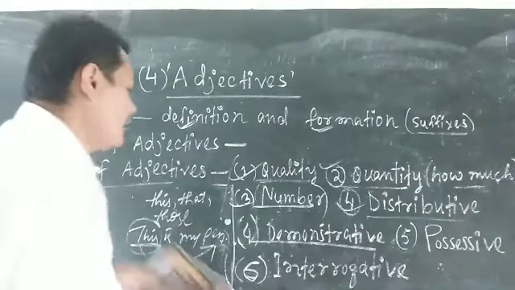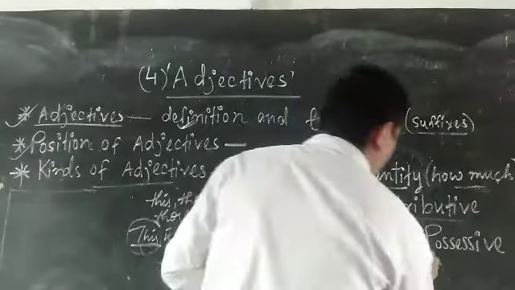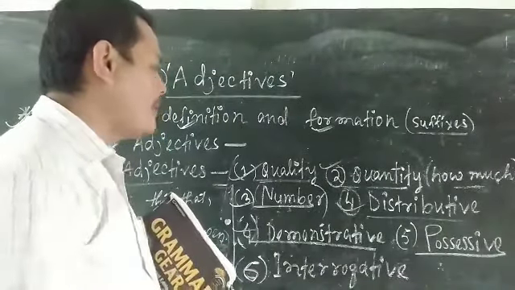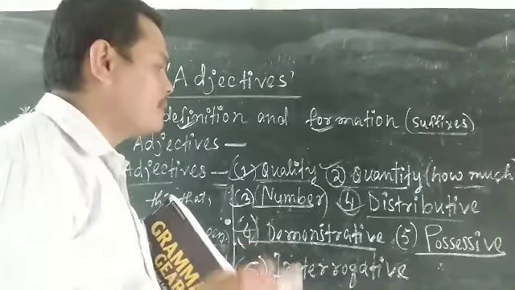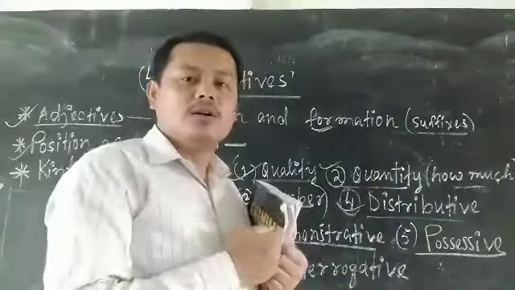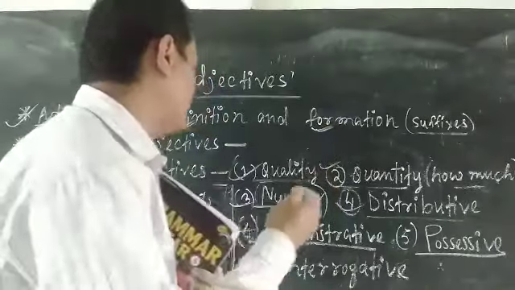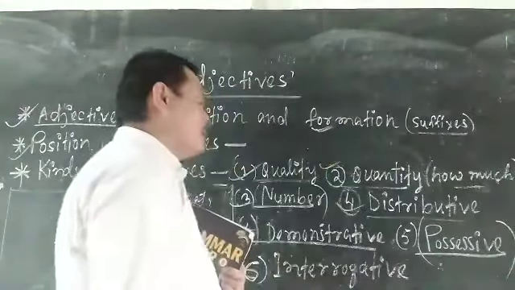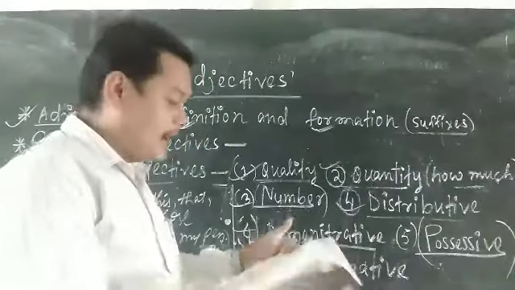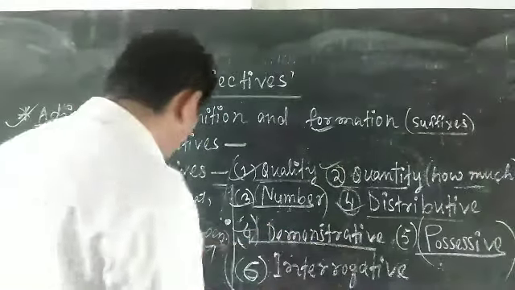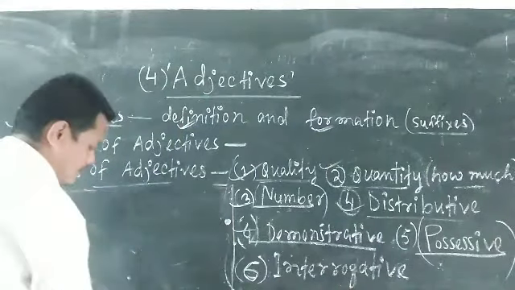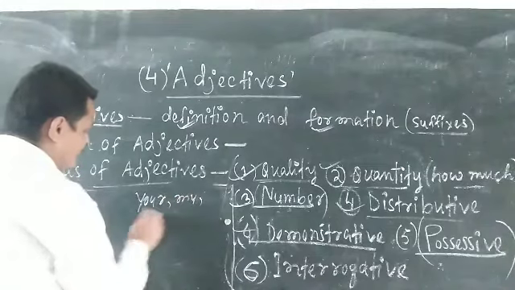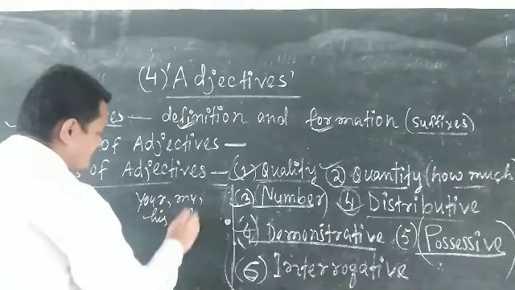Okay? And then the fifth kind of adjective is possessive. So my dear students, this is quite easy and you all understand. Possessive comes from possession, and possession means to belong, to show who owns that. So those words which refer to the possession of a noun are called possessive adjectives. For example, your, my, his, their.